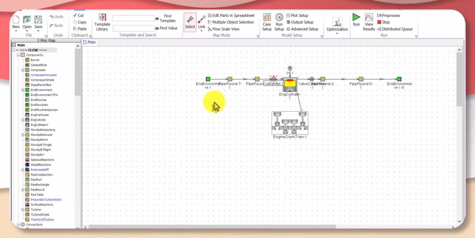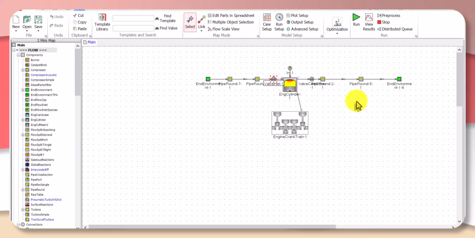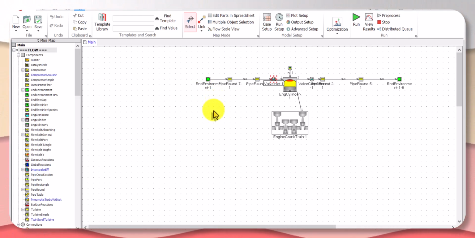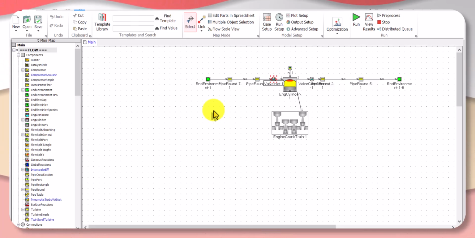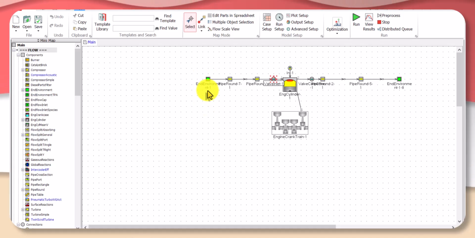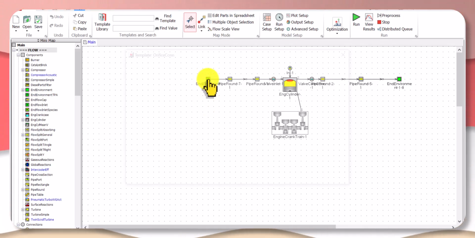And about these two items and the environment, we can define our inlet conditions in these two things.